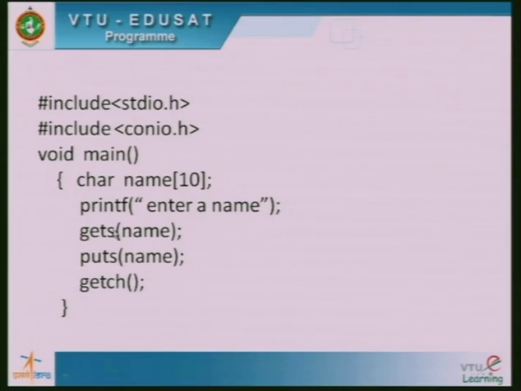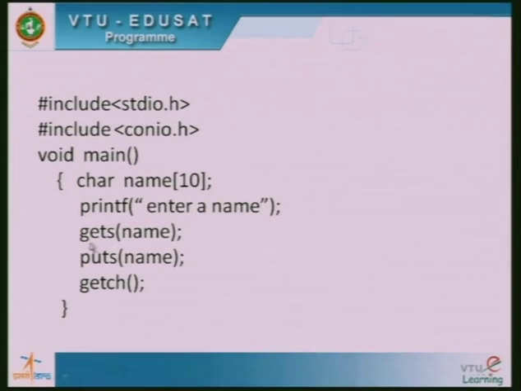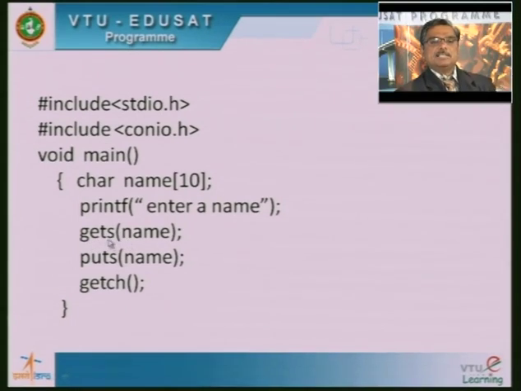There is a function similar to scanf called gets, get a string. Name is a variable of type character. Up to 10 characters can be read into this variable name. Whatever you type will be taken into this variable.